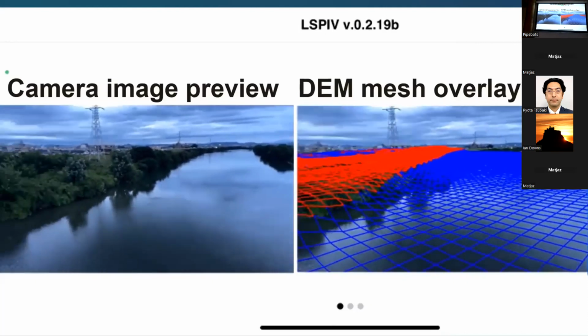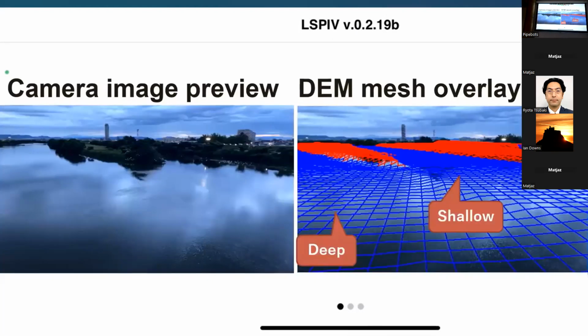So we can see the topography above and below the water surface simultaneously. The real-time overlay of the DEM gives us a very clear picture of the bathymetry, the underwater topography. So we can see the left-hand side is deep and the right-hand side is shallow from the figures.